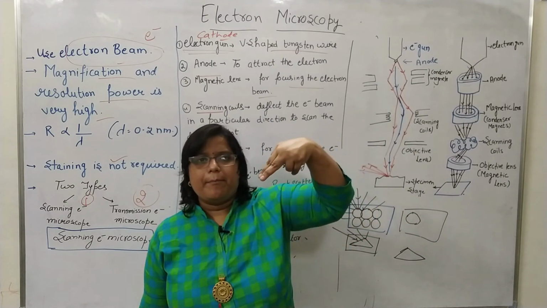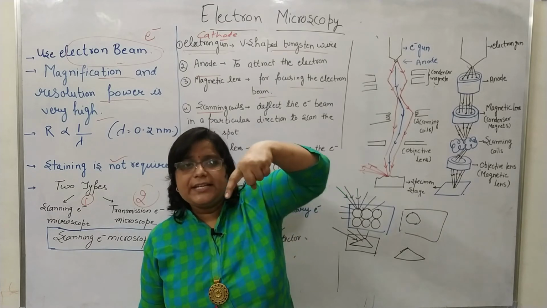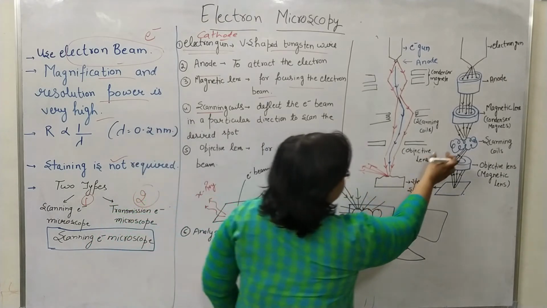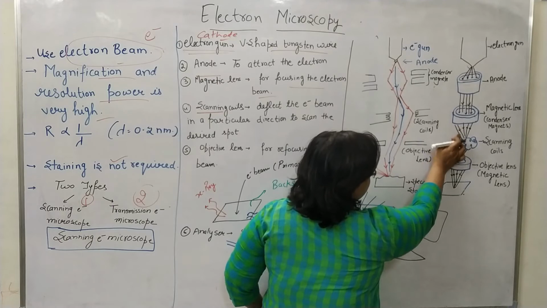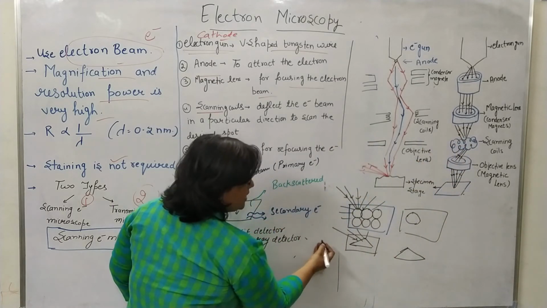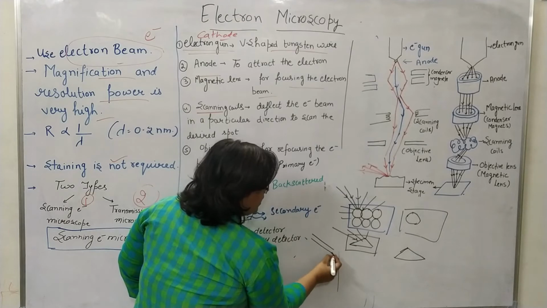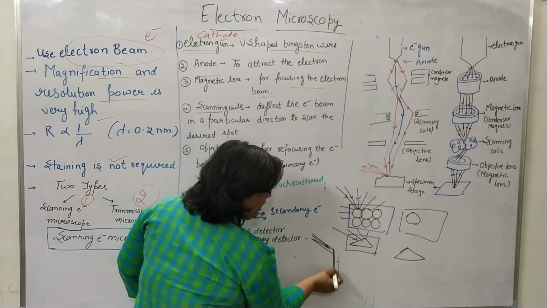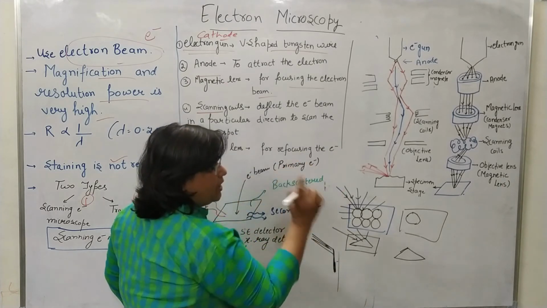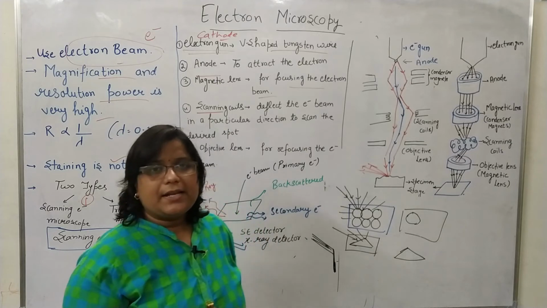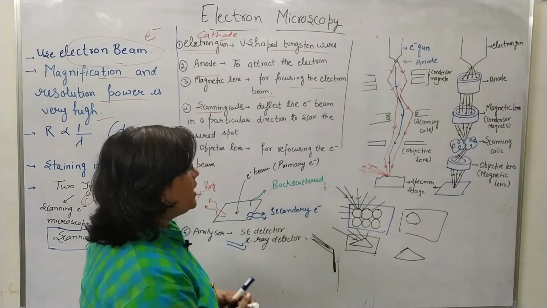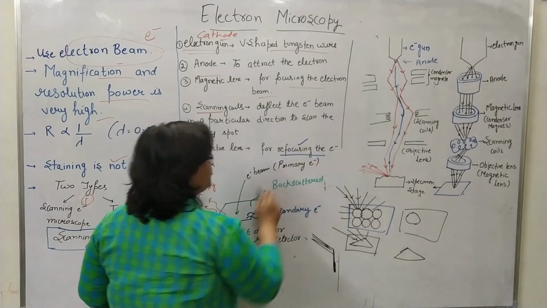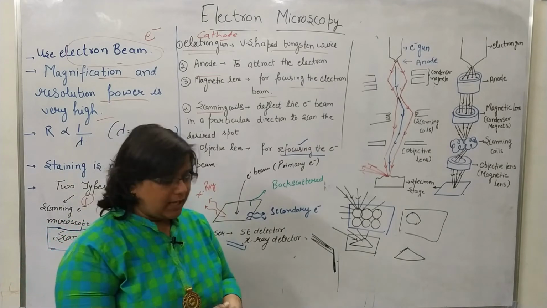The first magnetic lens focuses, but due to the scanning coil the rays may be disturbed, so they are focused again with the help of the objective lens, the second magnetic lens. Its function is refocusing the electron beam.